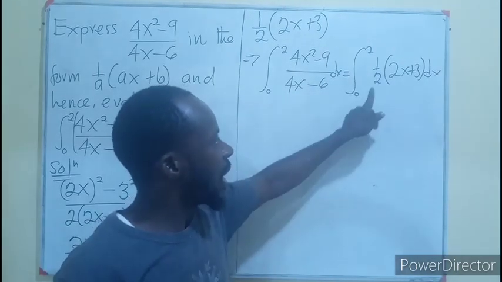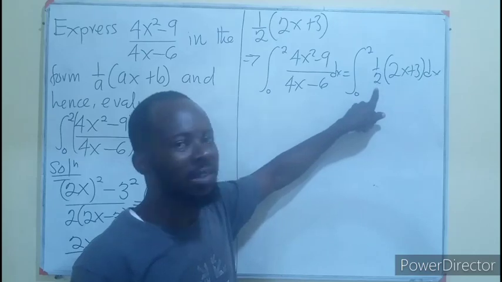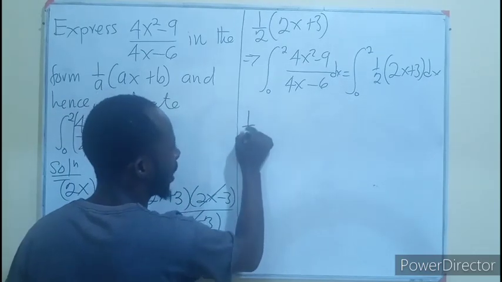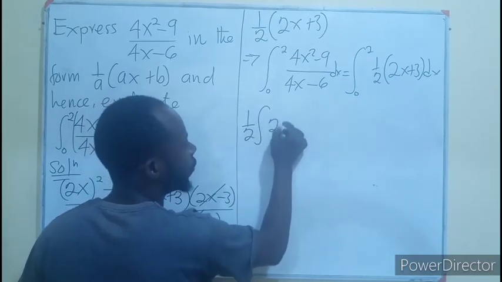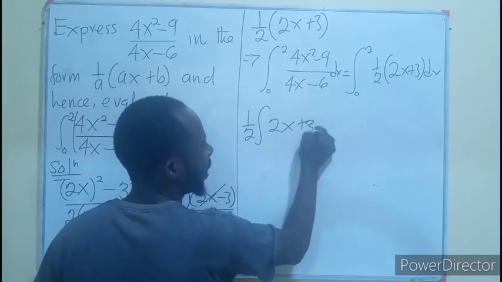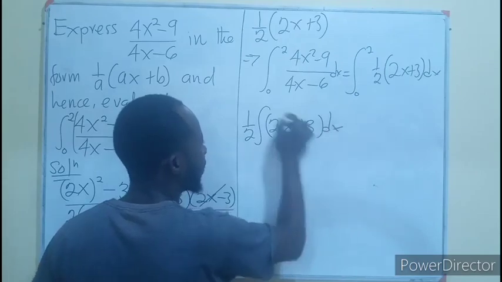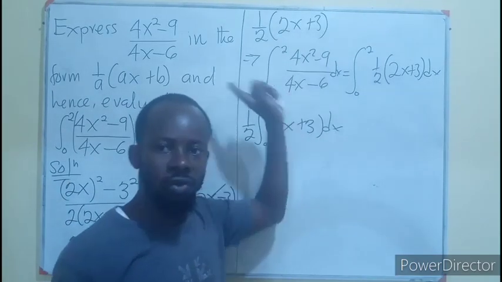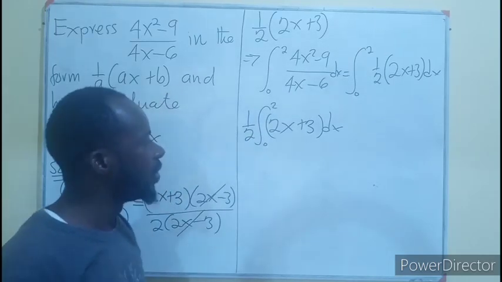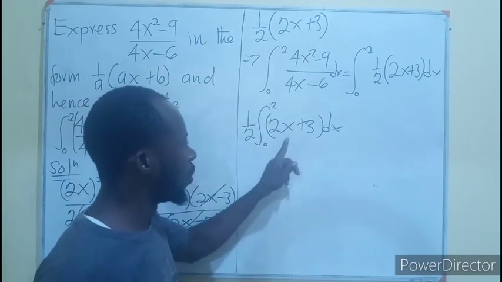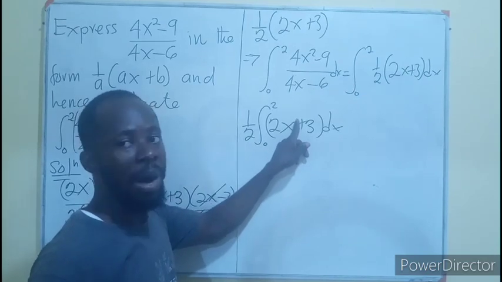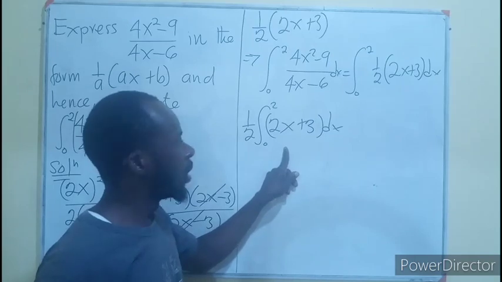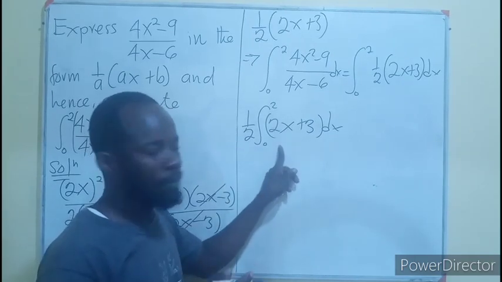We know that if we are doing integration and there's a constant as a coefficient, the coefficient is taken out. So 1/2 integral of (2x + 3) dx. The coefficient goes to multiply the integral before we integrate. In the integration, we know we increase the power by 1, so 1 plus 1 will be 2, divided by 2. Then 2 divided by 2 will cancel.